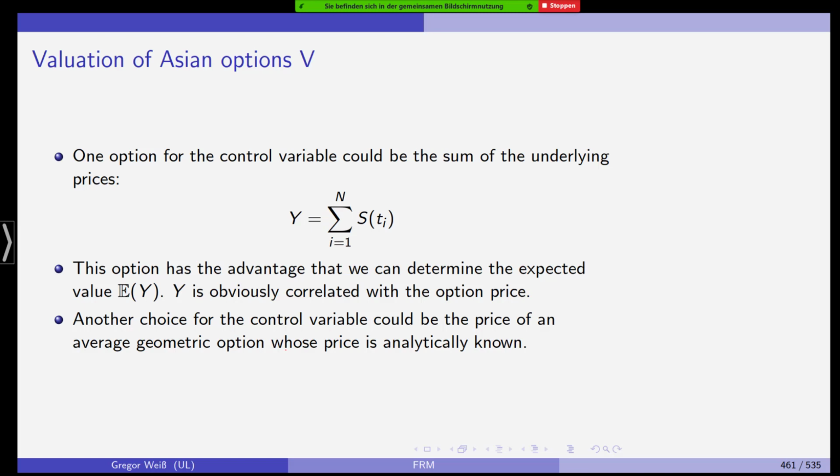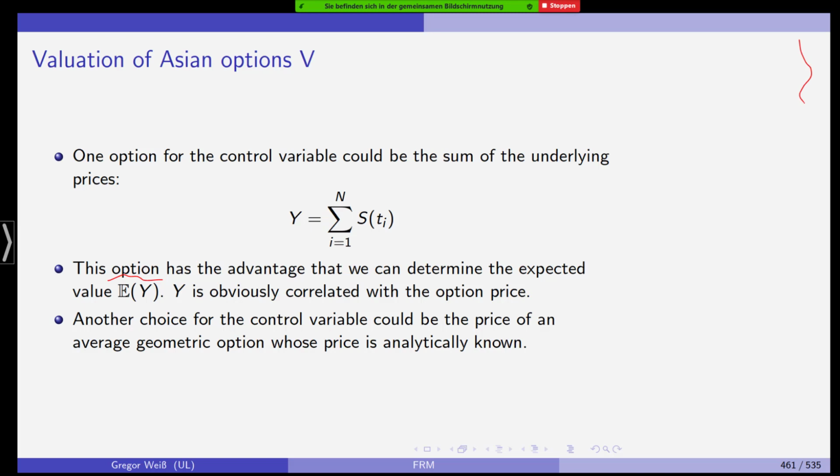So we need a control variable Y that is correlated with our X. X is the option price. In this case, we can use for Y the sum of the stock prices, and this should definitely be correlated with X. This choice has the advantage that we can determine the expected value, and Y is obviously correlated with the option price.